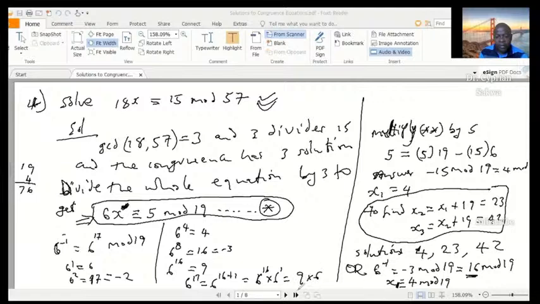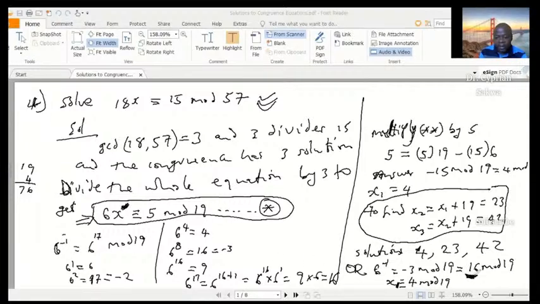That is 54 mod 19. So I ask myself, if 19 was to go into 54, what would be the remainder? The remainder would be 16. So this 16 is the inverse of 6. And that's what we found here.